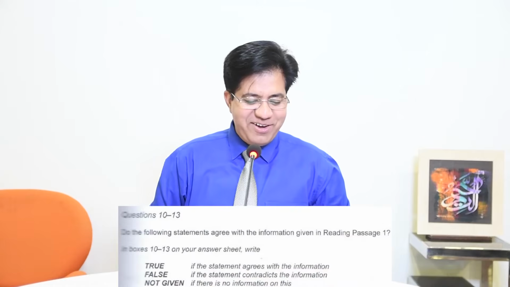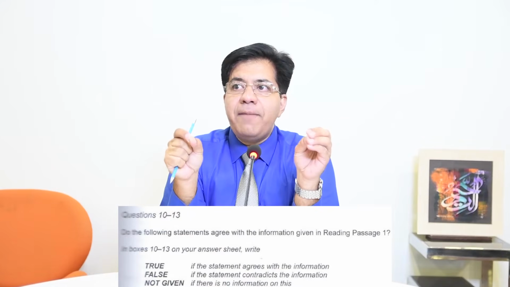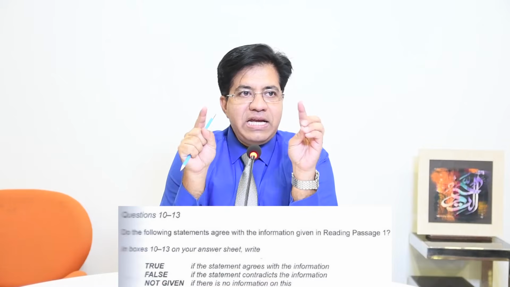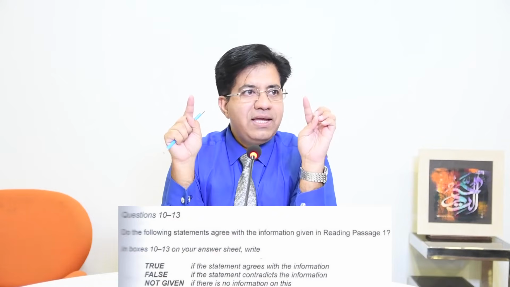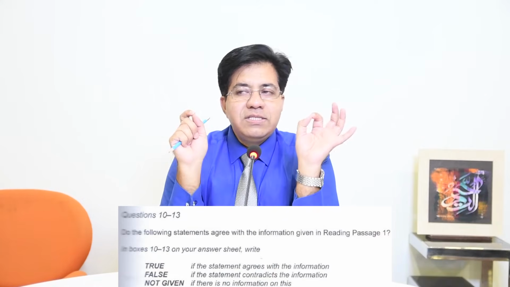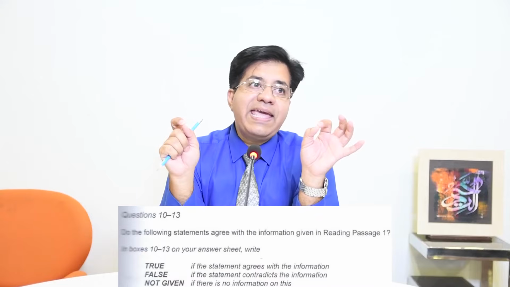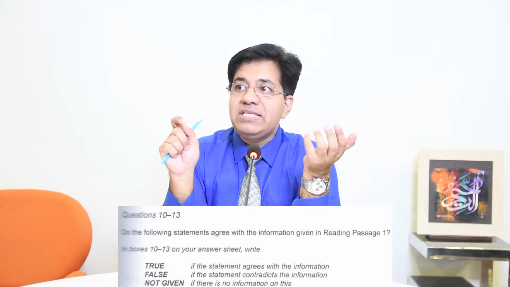Okay. All right, guys. Now we have true, false, not given. Listen, in true, false, not given, they check your ability to identify synonyms, antonyms, and something which is not mentioned. Synonyms for true, antonyms for false, and they can be words or phrases.